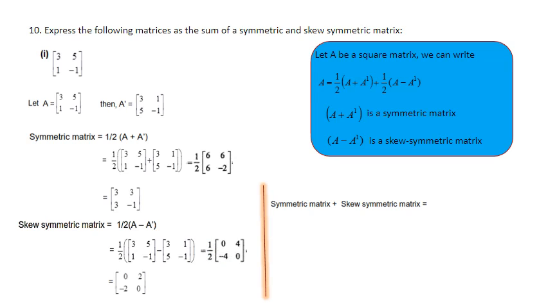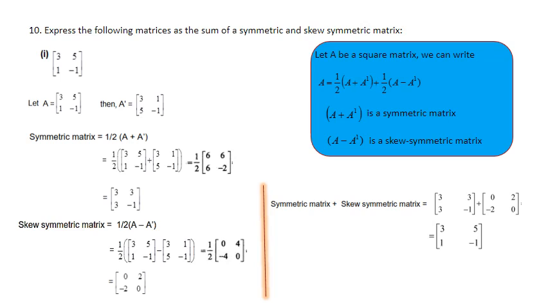So just to come to the conclusion, symmetric and skew symmetric, we have to verify it. We have a symmetric matrix here, 3, 3, minus 1, this matrix, that is a symmetric one. Skew symmetric is here, just substitute here.